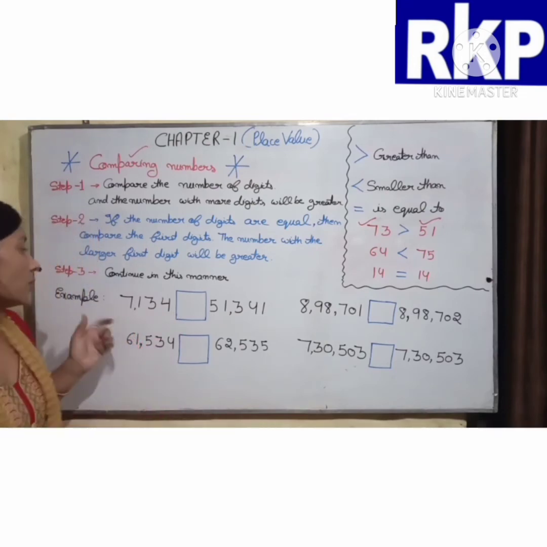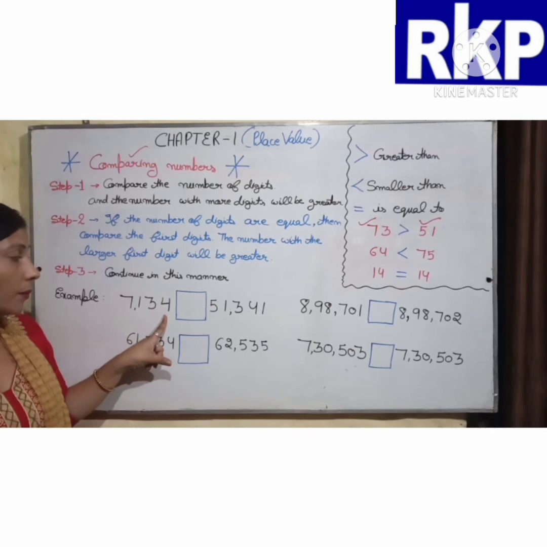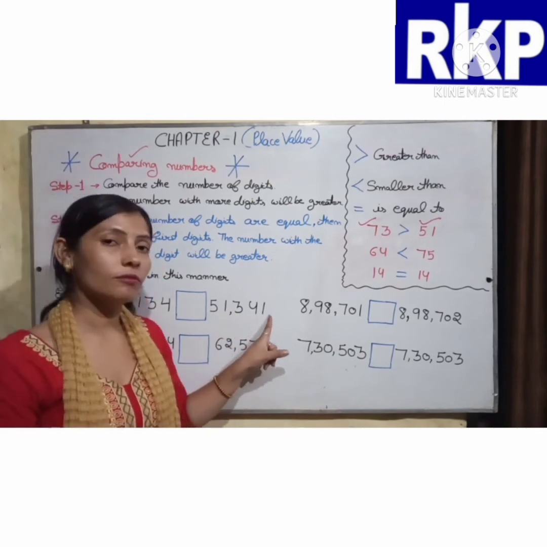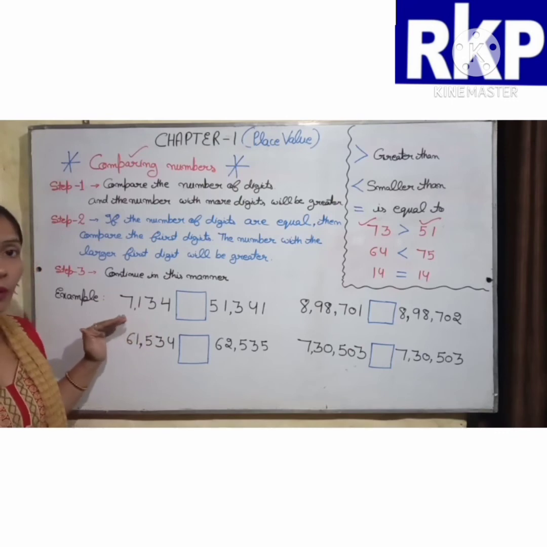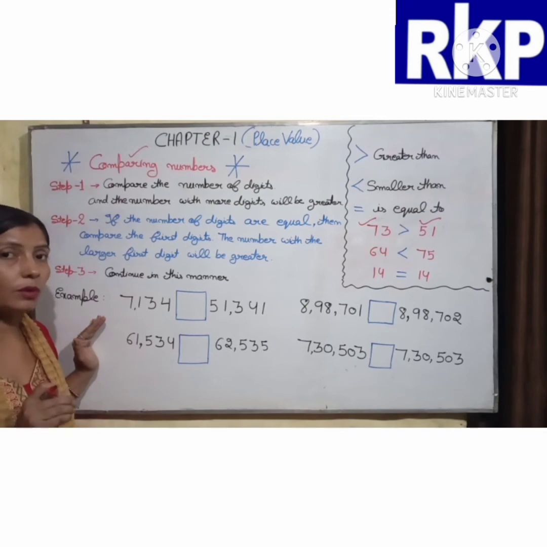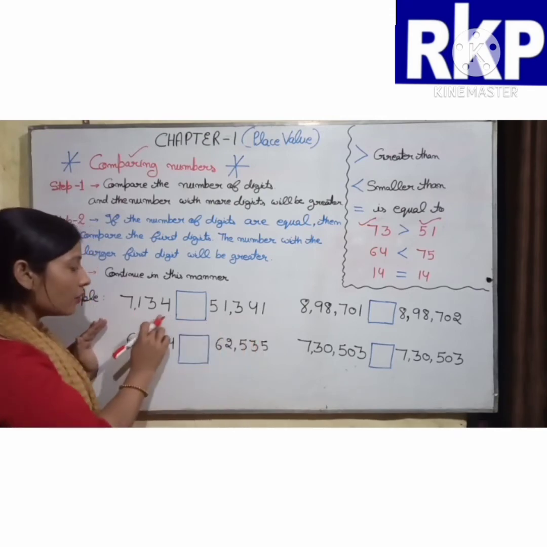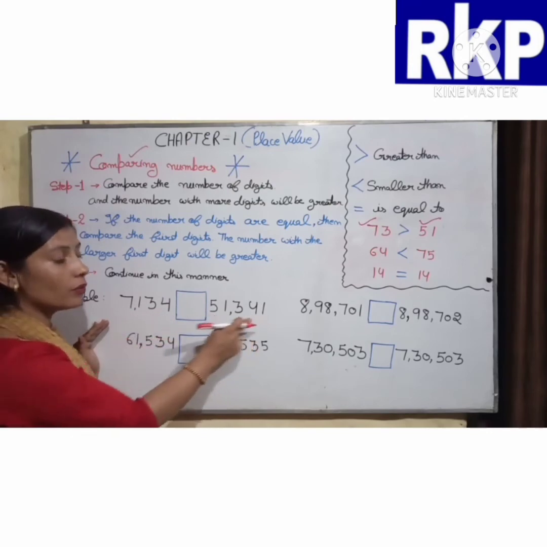Okay, so now let us take examples. Here we have 7134, and here 51,341. But how can we compare? For comparing, what is the first rule? First of all, we need to count the number of digits, and here we have 4 digits, 1 2 3 4, and here we have 5 digits.